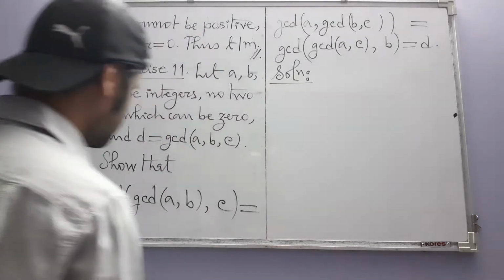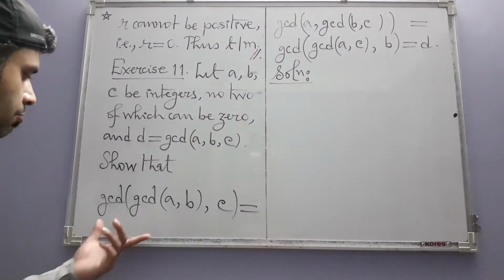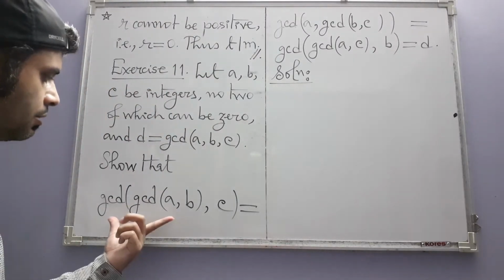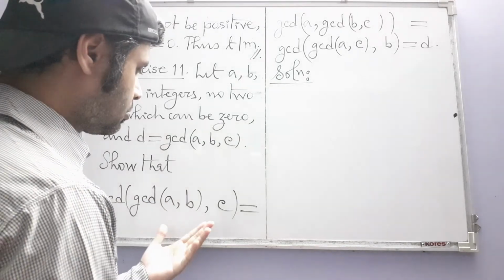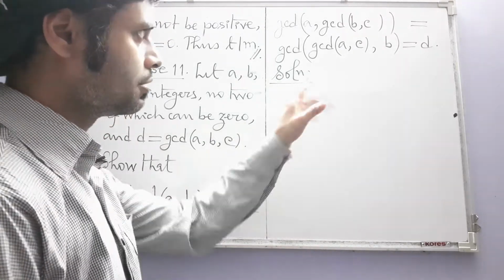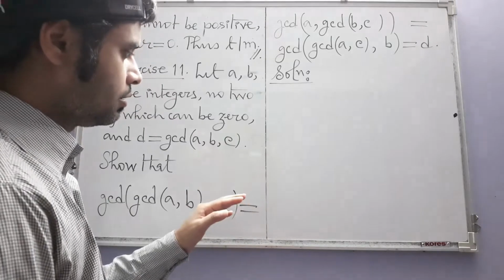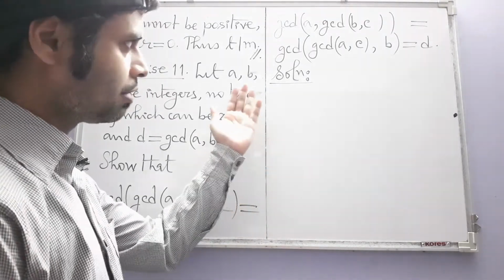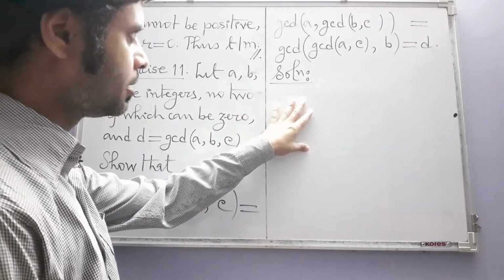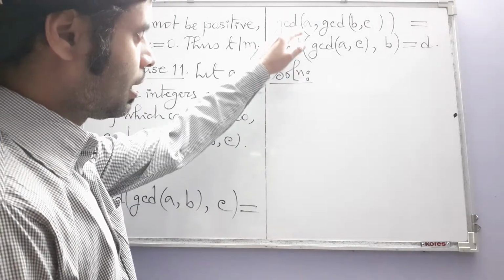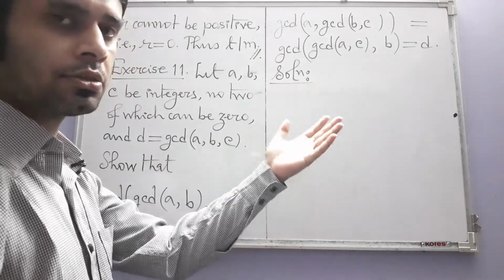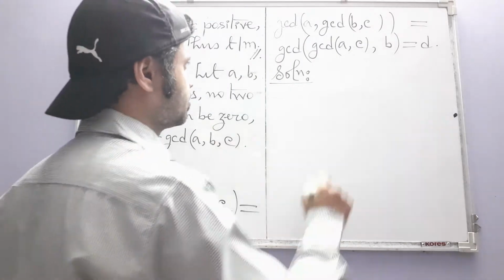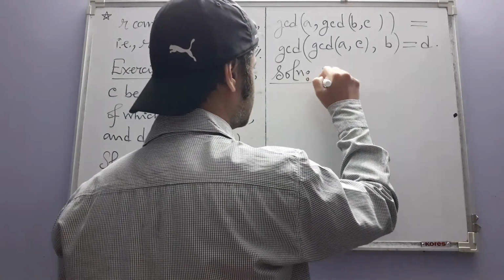So what we are going to do is name this one something, and then we will show that that something is equal to D. Once you see that part, you will understand that the others can similarly be shown to be equal to D. So we start like this.